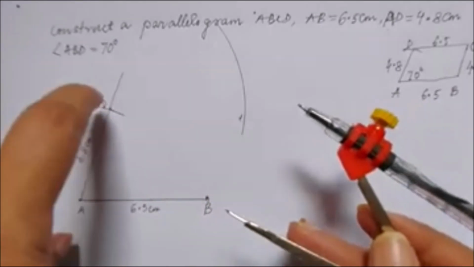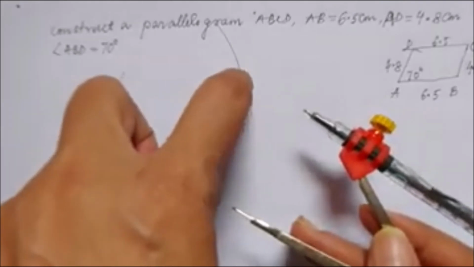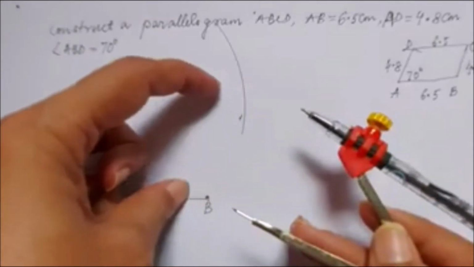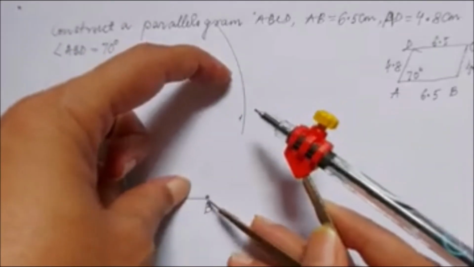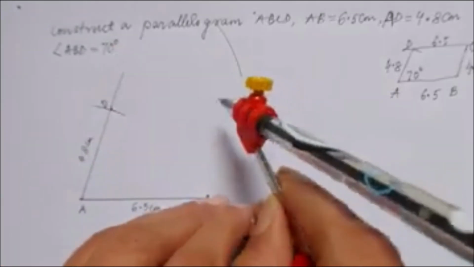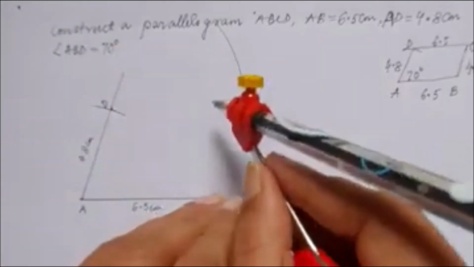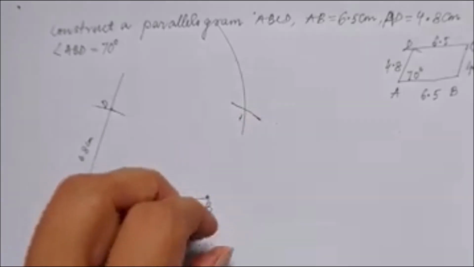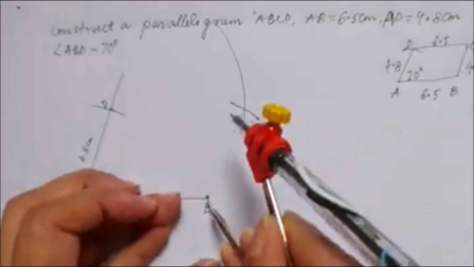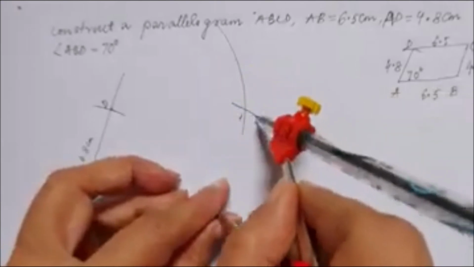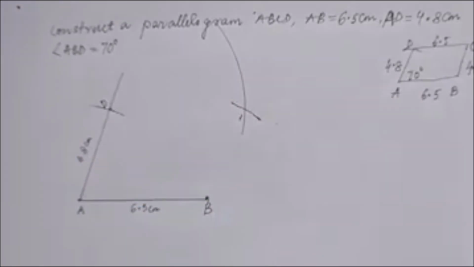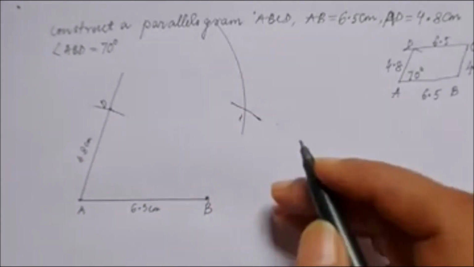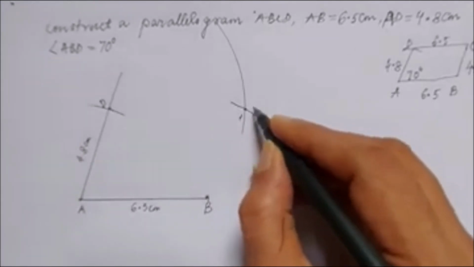Then AD is same as BC. So I'll put the compass on B and draw an arc. Got it? You can draw a bigger arc, but I am drawing a smaller one. So this intersection point is C.